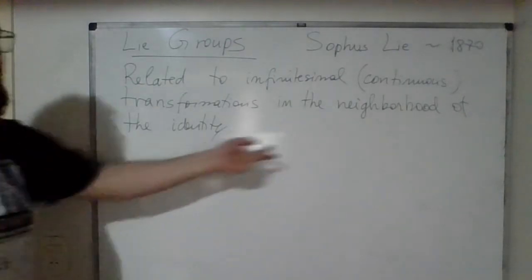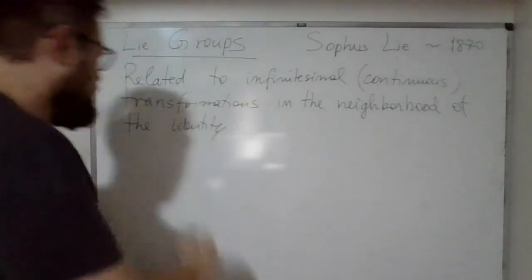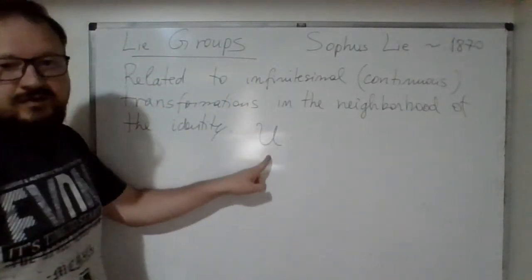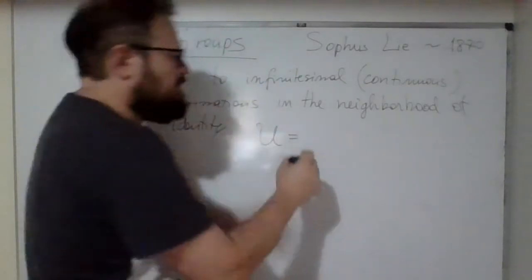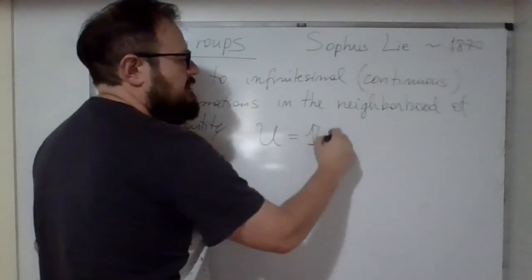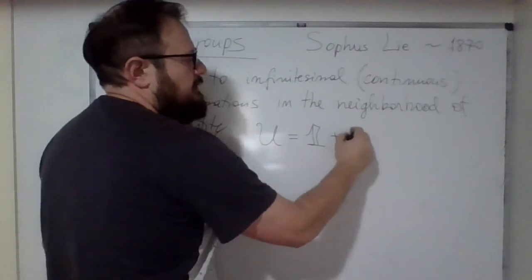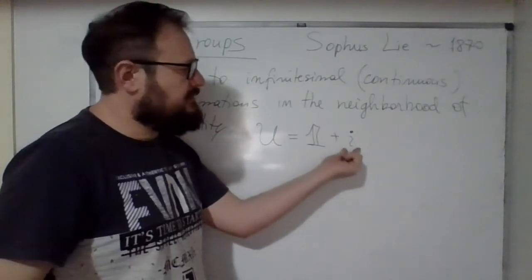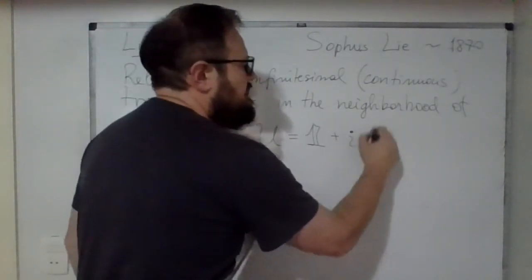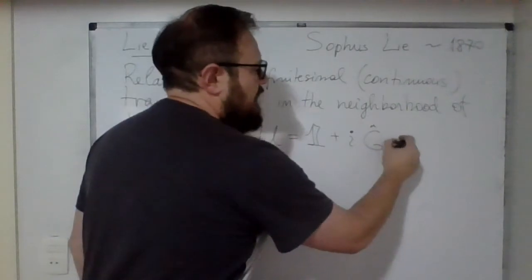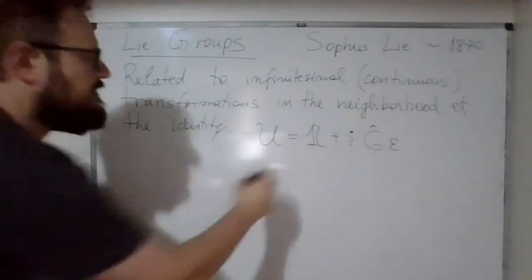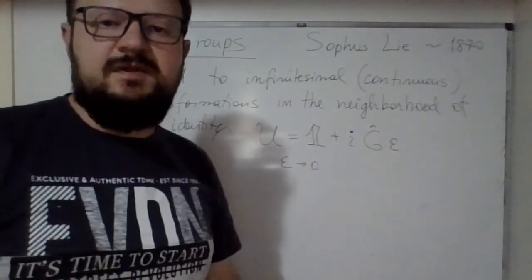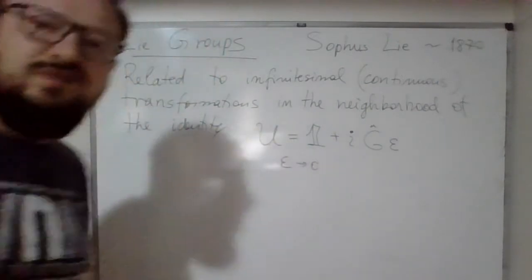So there is an infinite set of elements because, supposing a unitary transformation, your transformation will look like the identity plus some Hermitian operator, with the imaginary unit i and some G here, which is a matrix, times some epsilon, and this epsilon can be made infinitesimal, so close to zero.